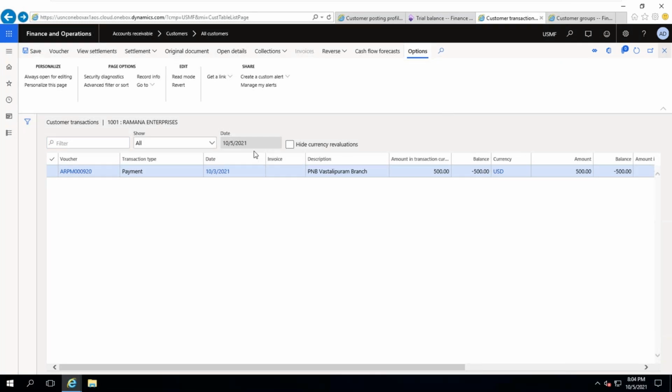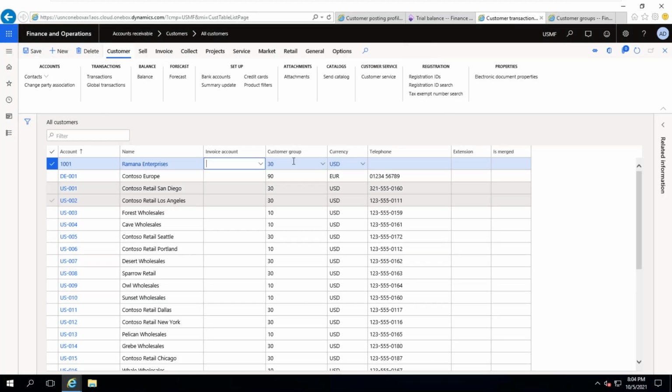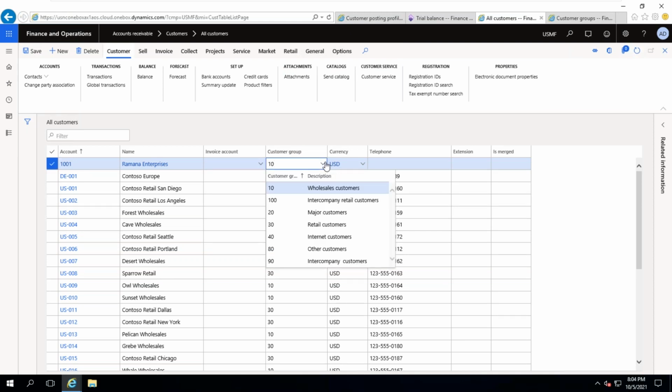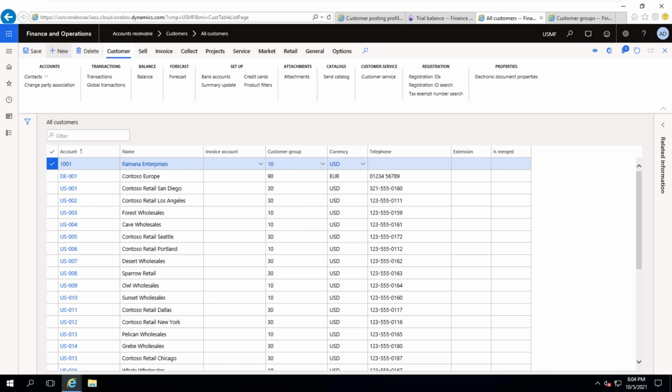And this customer 1001 is mapped with customer group 30. Now for this 30, oh, it is not allowed. One second, let me modify. Otherwise, leave this one. Let me create a new customer. I don't want to disturb the existing one.